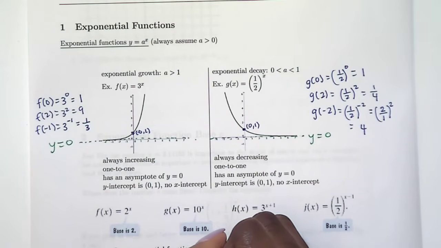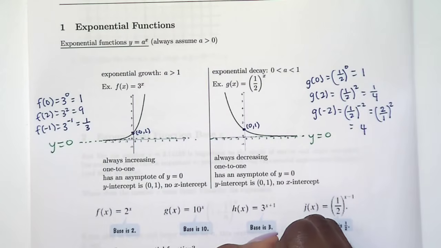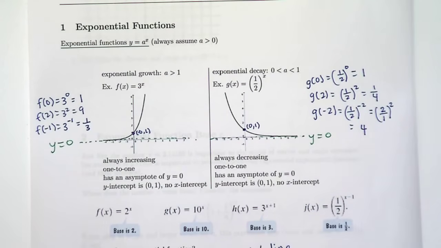Because it's just a horizontal line. So why is it a horizontal line? Well, let's start plugging in points and see what happens. F of 0 is 1.